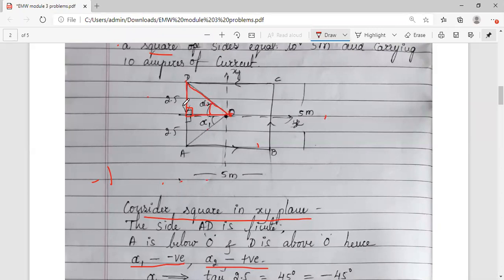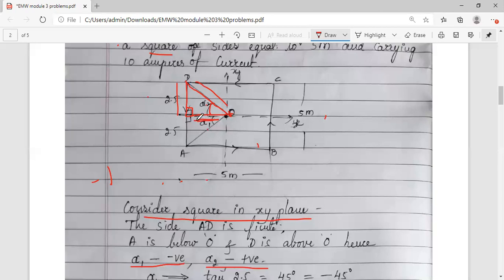If you want sine, you take opposite by hypotenuse. Opposite is 2.5, hypotenuse we don't know, but you can calculate it, because this base is also 2.5. Using Pythagoras theorem, 2.5 square plus 2.5 square equals OD square, you can find OD, and then use either sine theta or cos theta.